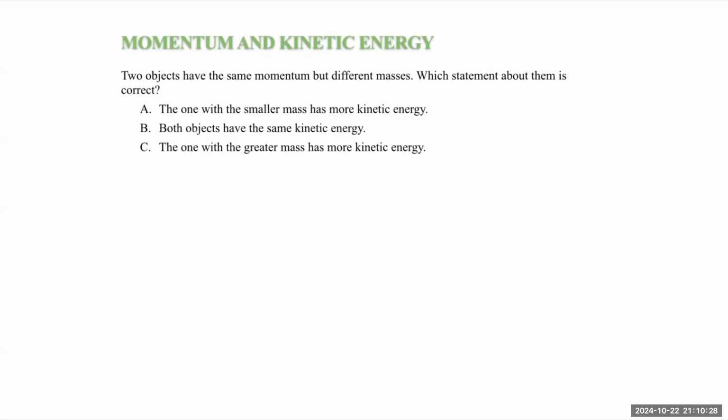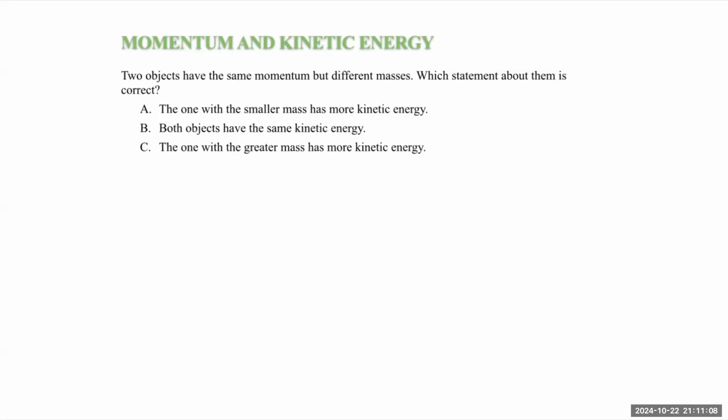Now if I say mass doesn't matter, then I will throw a bowling ball at you with 5 meter per second. Will you be able to catch it? A tennis ball versus a bowling ball? Oh, no, not at all. Not at all, right? So why?